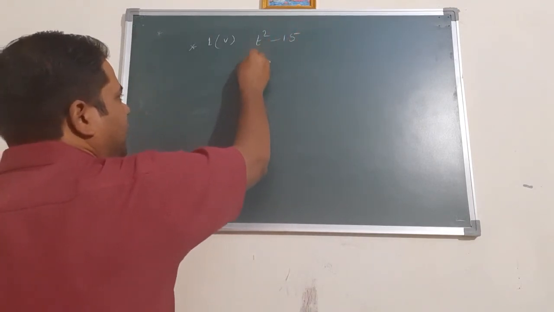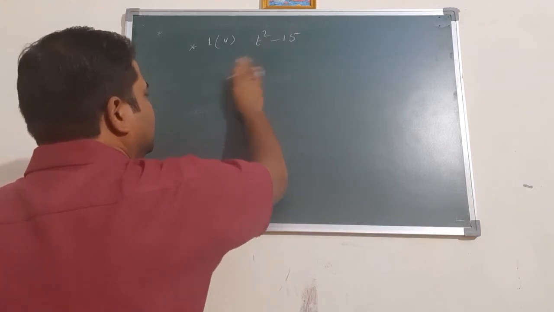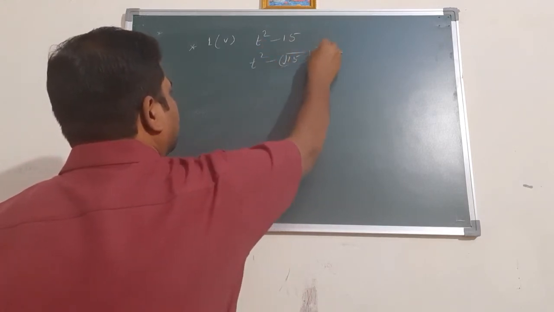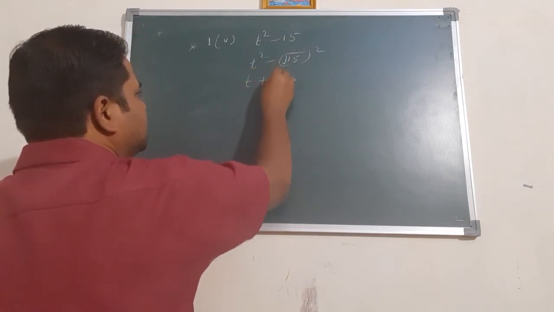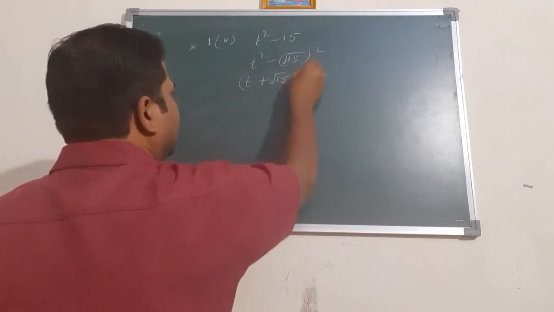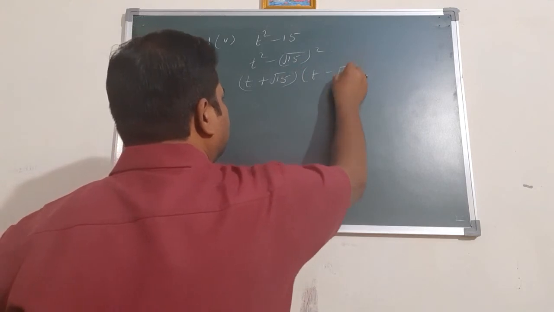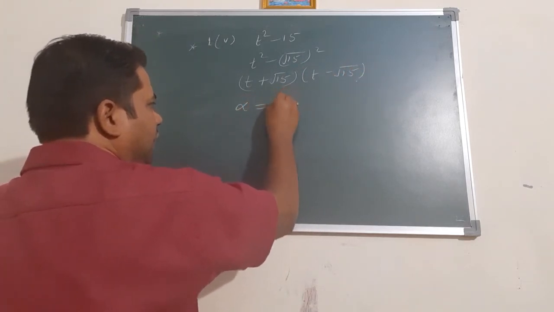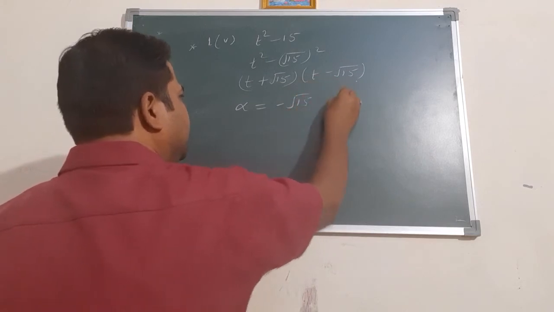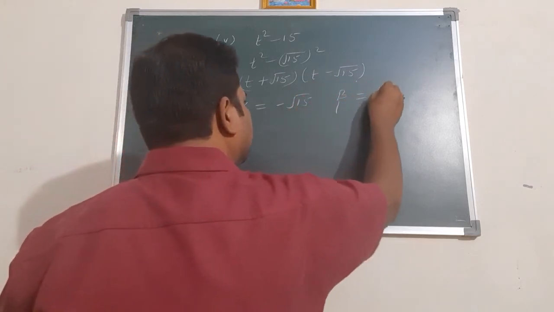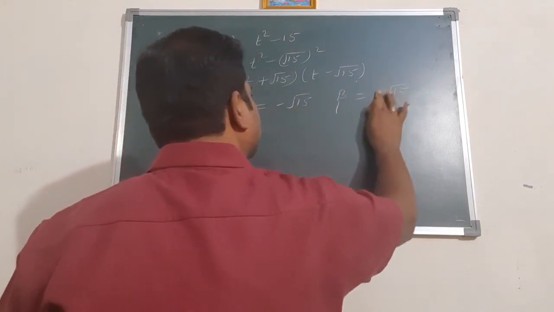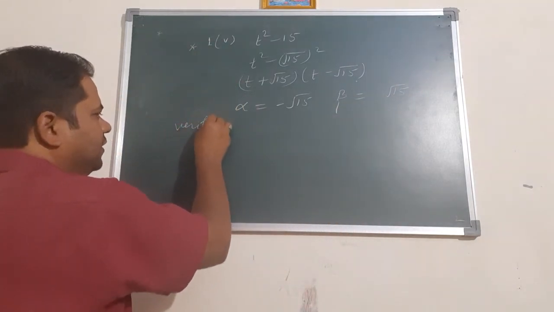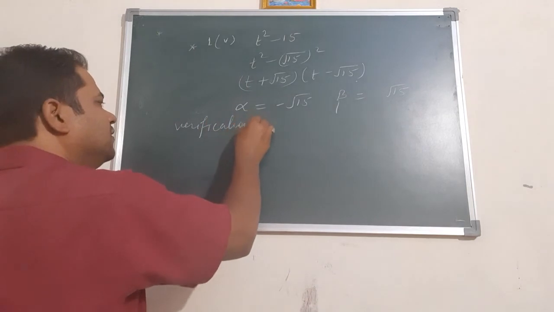So first of all, find the zeros. t square minus root 15 whole square, so this is t plus root 15 and t minus root 15. So alpha is what? Minus root 15, and beta is what? Plus root 15. So verification, how to verify?